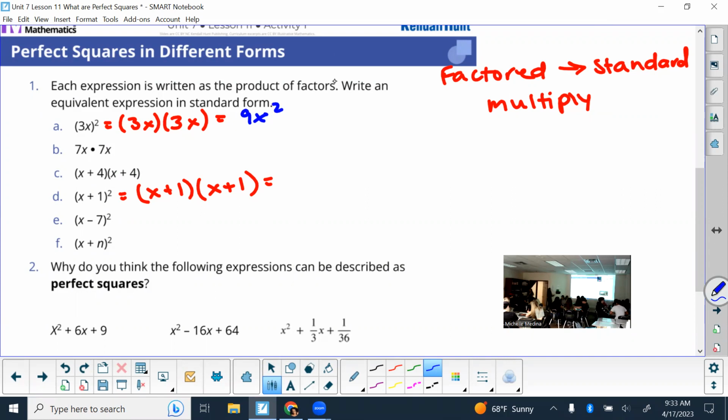Table 2, what about B? 7x times 7x is. Alright. Class, agree, disagree? I think it looks good. So yeah, 7 times 7 is 49, x times x is x squared. Table 3, what about C?